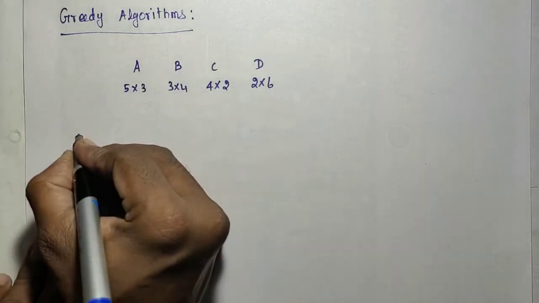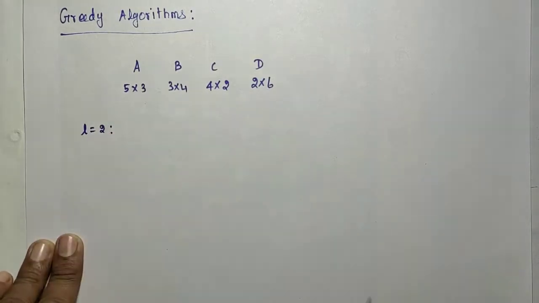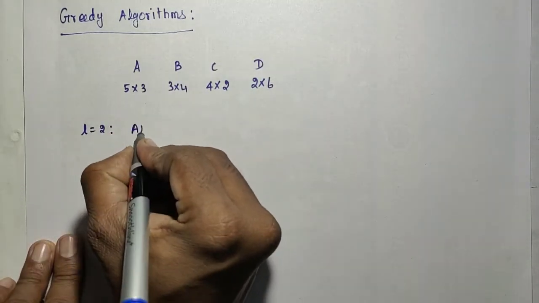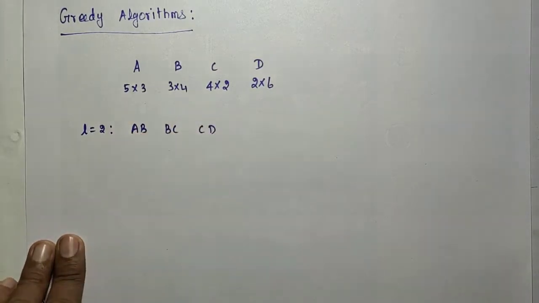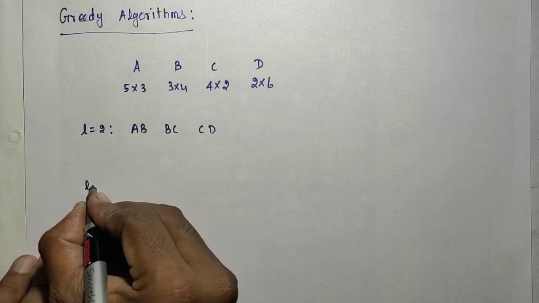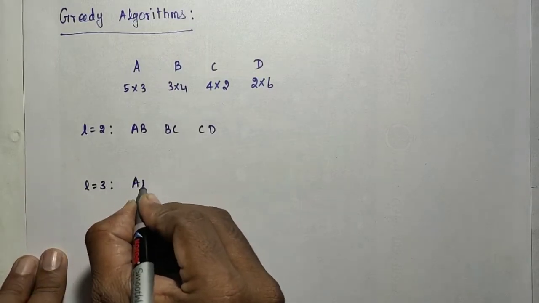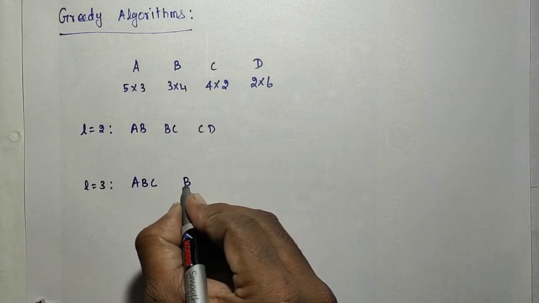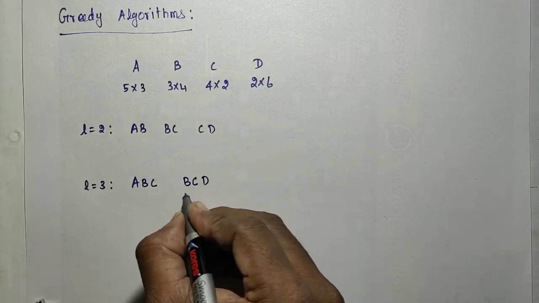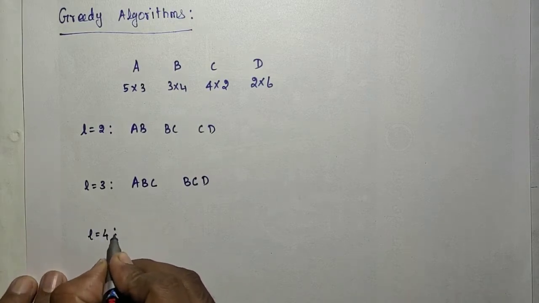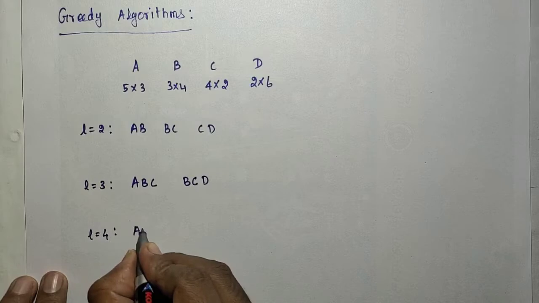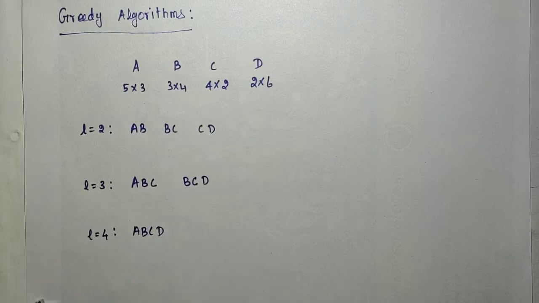For example, for length equal to 2, the problems AB, BC and CD will be solved and recorded. For length equal to 3, it will find ABC and BCD, and those will be recorded. Then for length equal to 4, it will find the final solution ABCD. This is the way of finding the solution in dynamic programming.